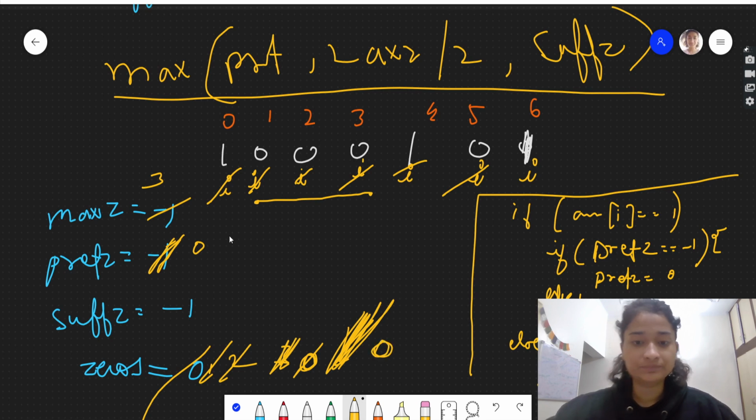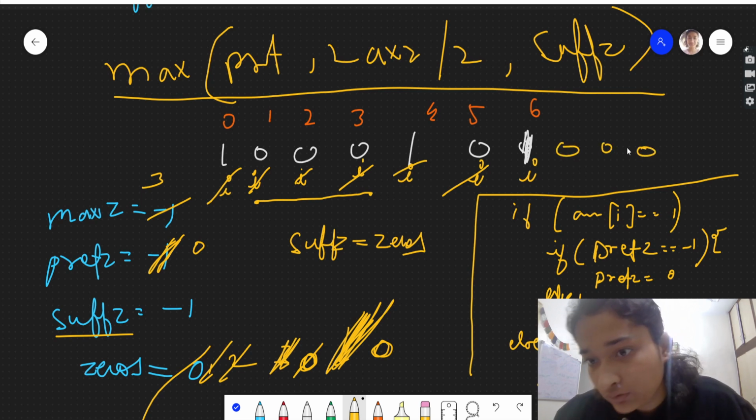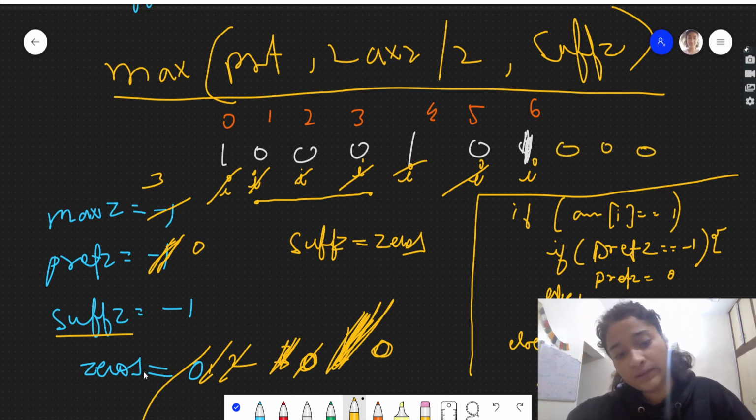So we have traversed this, and after traversal we have to update our suffix zeros to be the zeros variable. Why? Because it may happen that after this one there will be zeros. So our zeros variable will have the zeros which are after this one.